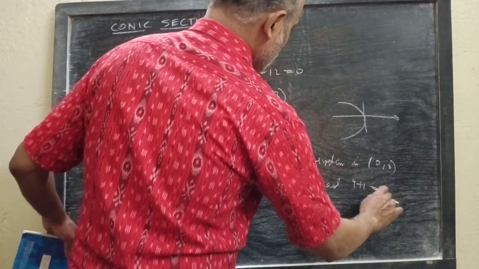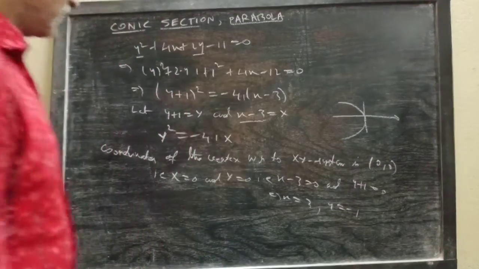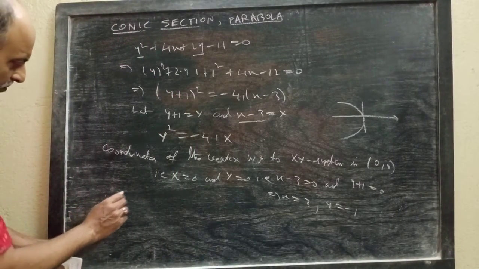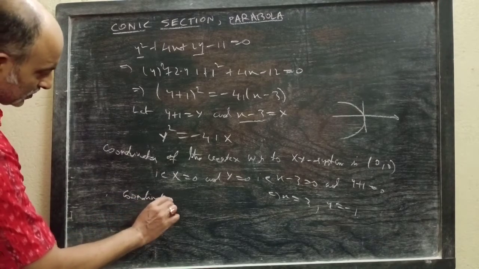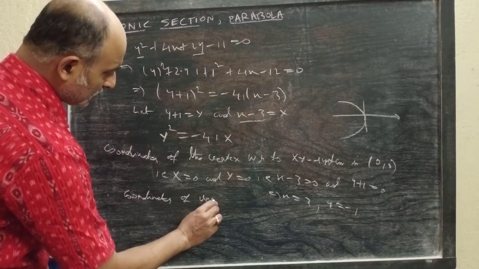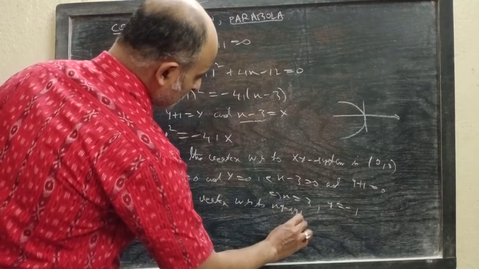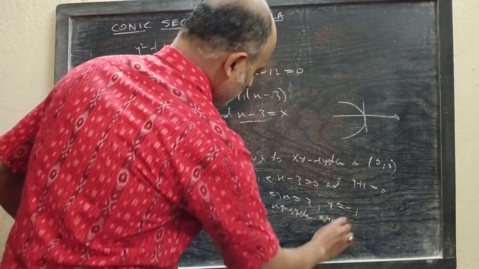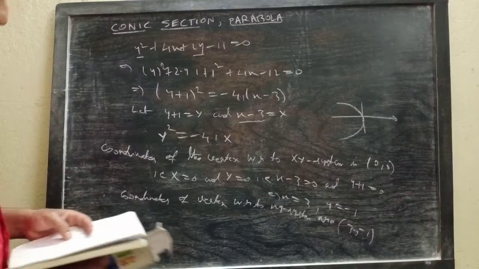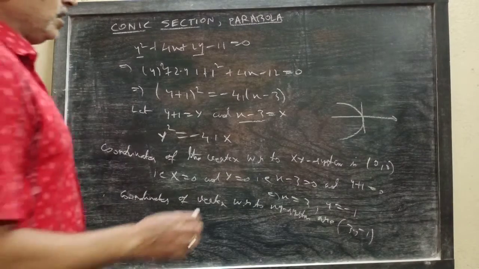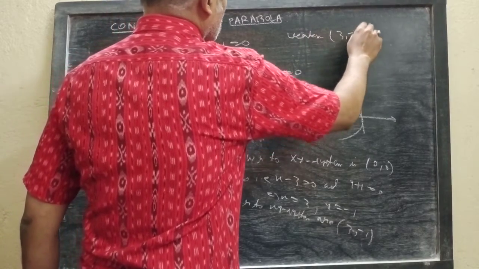This is small y plus 1 equals 0, that is x equals 3 and y equals minus 1. So finally, coordinates of vertex with respect to the small x small y system, that is the original system, are 3, minus 1. So we get the original vertex 3, minus 1.